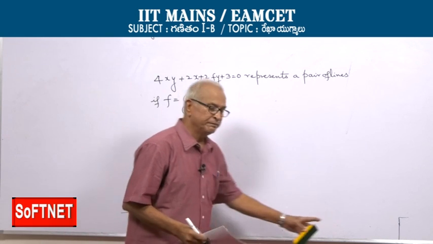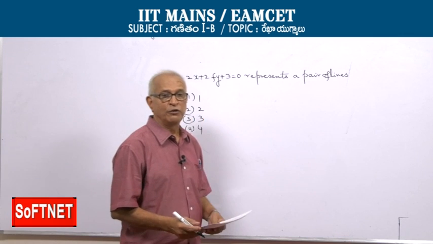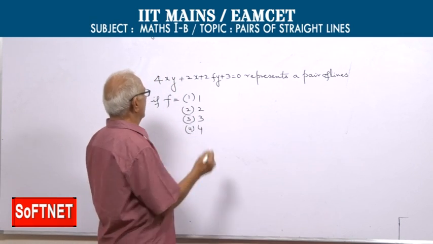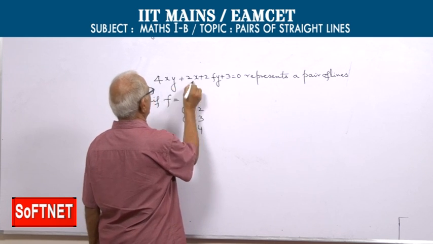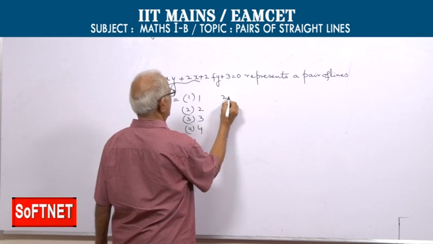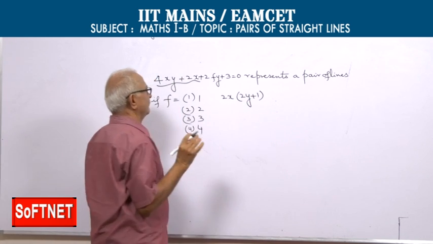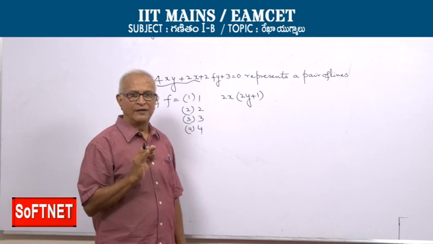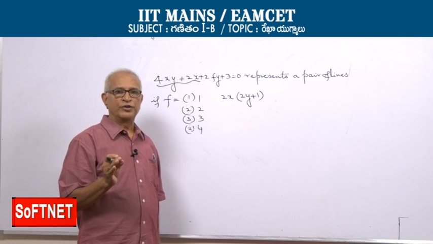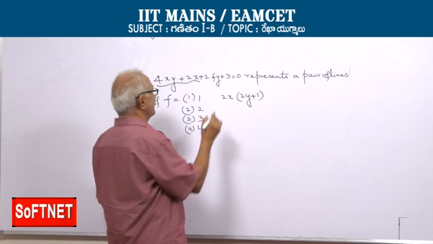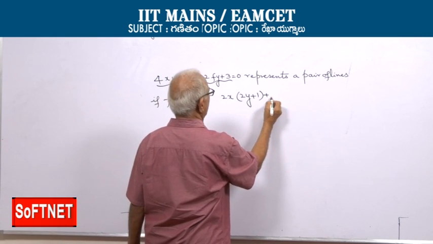Well, once again, you can do it without appealing to the determinant formula. I take 2x common from the first two terms and write it as 2x into (2y plus 1). In the second one, I take f common.